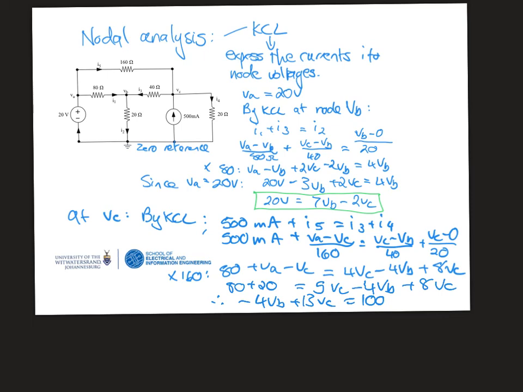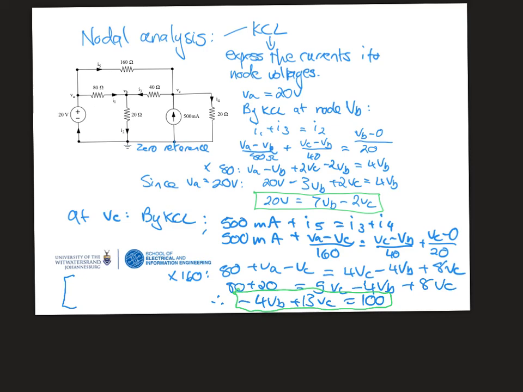And that is the second equation that you need in order to solve for all the unknown voltages in the circuit. And if we write that in matrix form, I'm going to just squeeze it in over here. The matrix would look like this.